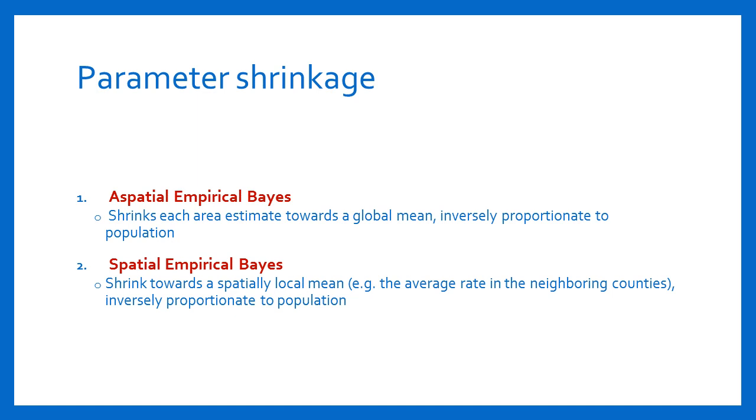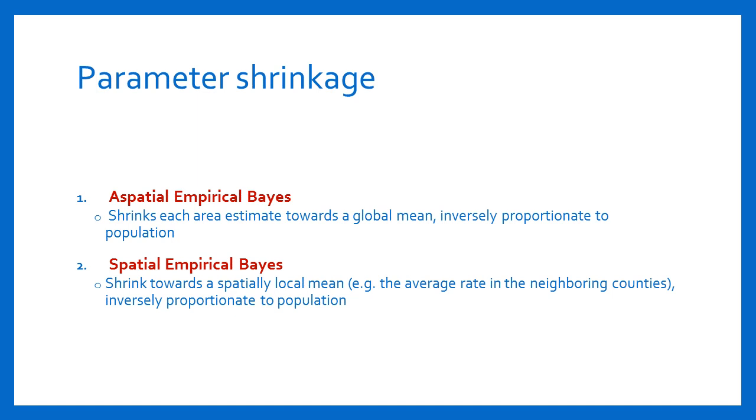So that's what shrinkage means, and I'll talk about how that works in a minute. Empirical Bayes is a commonly used statistical tool for doing just this, for shrinking outliers as a function of how much information is contained within them.